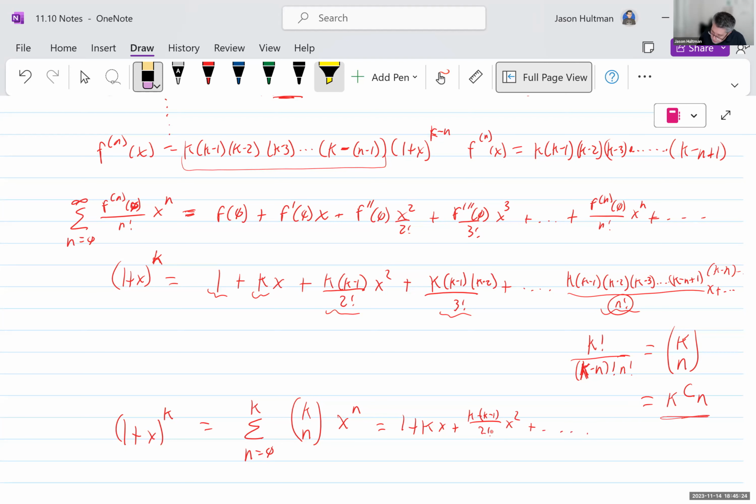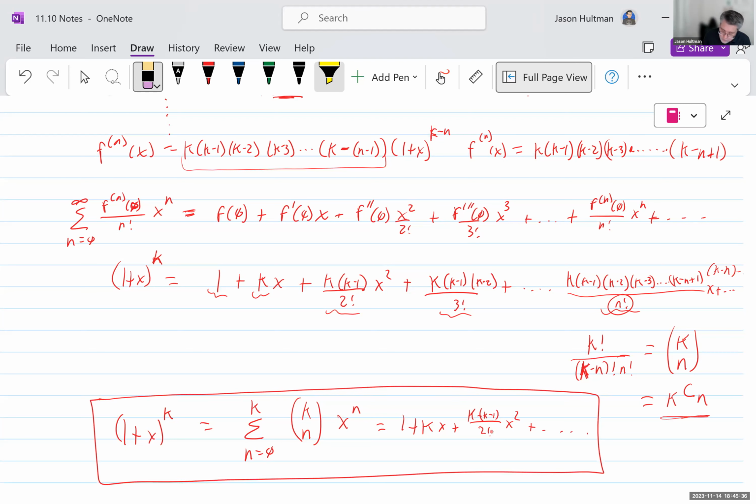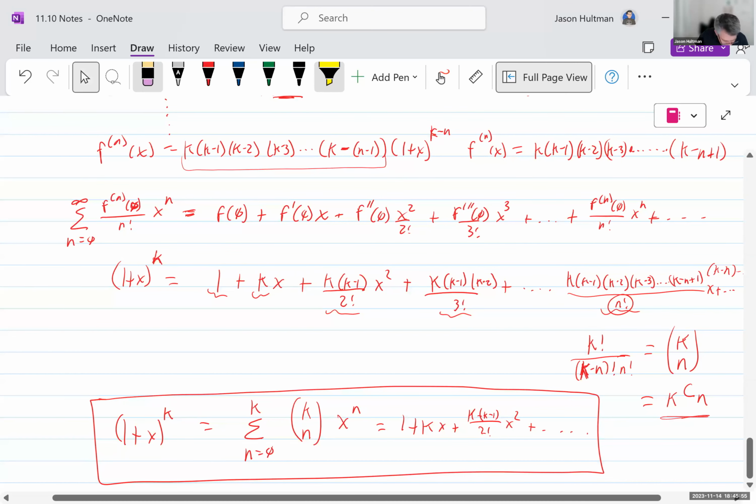So we use this notation that we grab from probability, and we stick it in there, and this is our Maclaurin series for the expansion of the polynomial here. What we call this is the polynomial expansion for the binomial series.